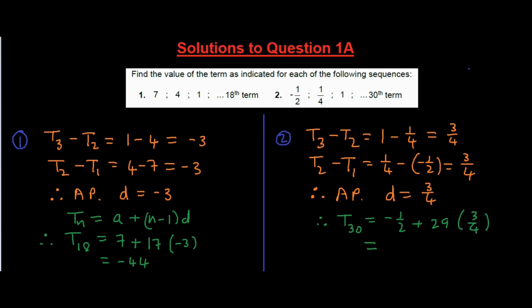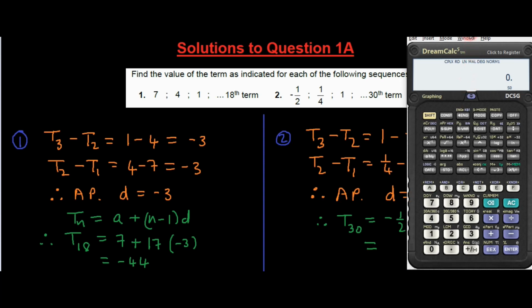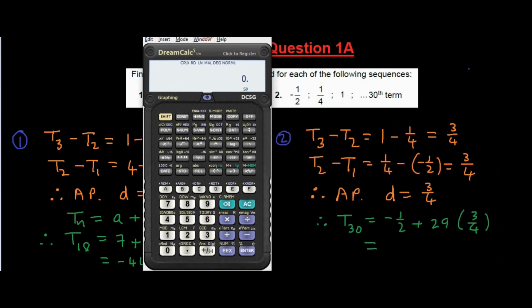So let's see what that comes to. So it's -1/2 plus 29 times 3/4. And that comes to 21.25, or 21 1/4.